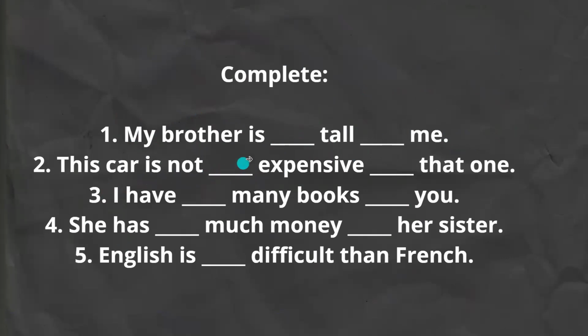Alexis: This car is not as expensive as that one. Yes. Okay, Rachel: I have as many books as you. Right. Randall, can you complete this? She has as much money as her sister. Right. Good. Alexis, the last sentence.